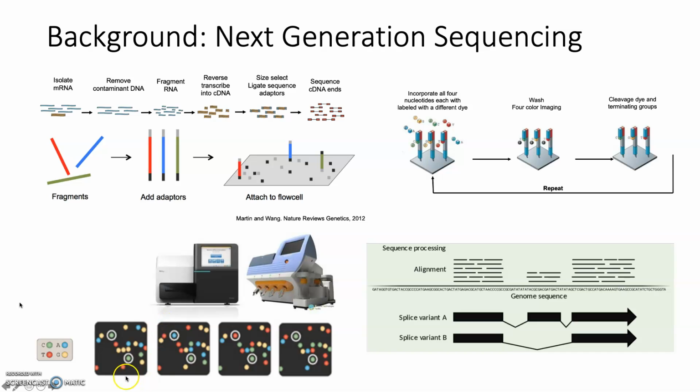Each of those fragments can be sequenced, and in bioinformatics, the sequencing data is mapped to those sequences to predict the sequence of interest, whether it be RNA, DNA, or whatever it may be.